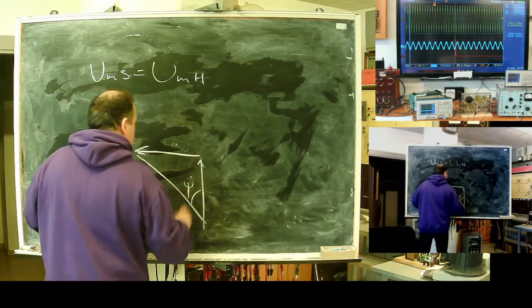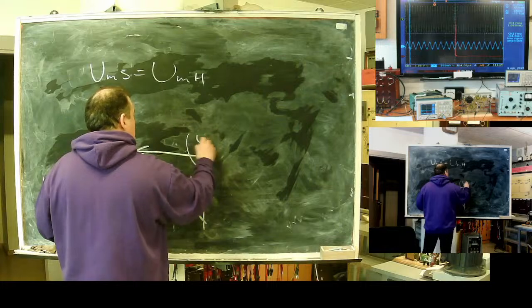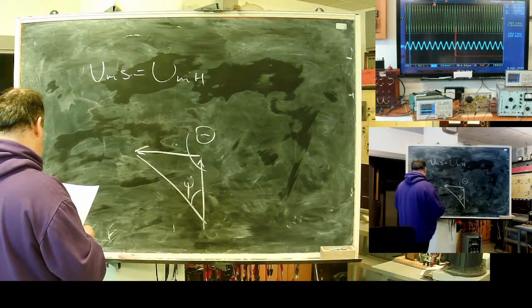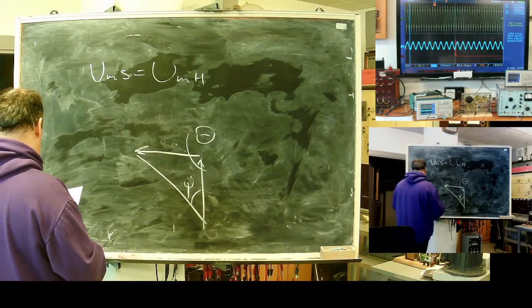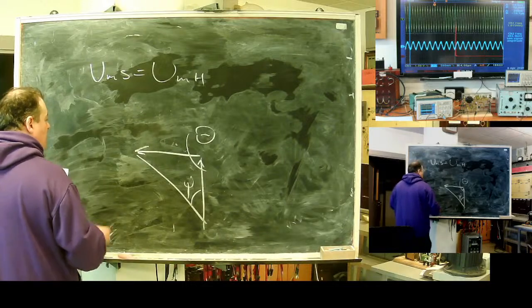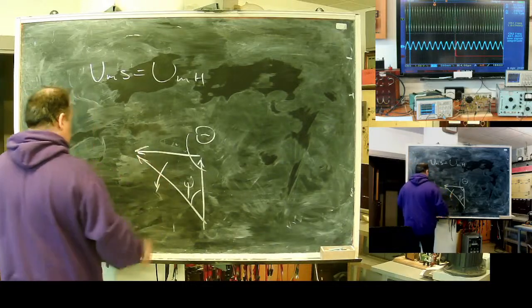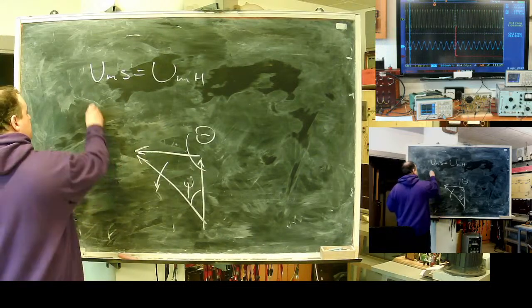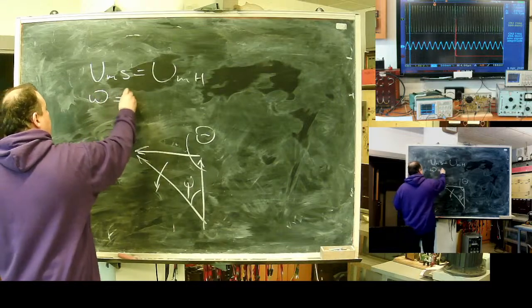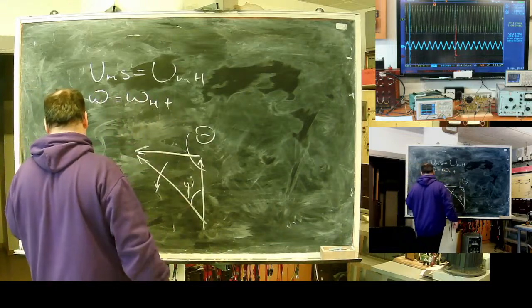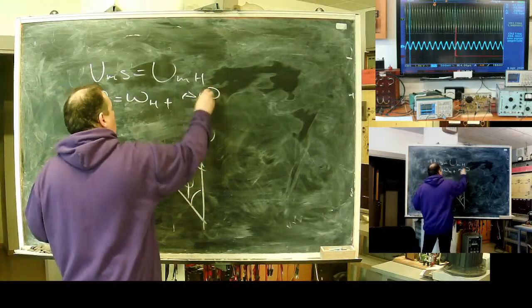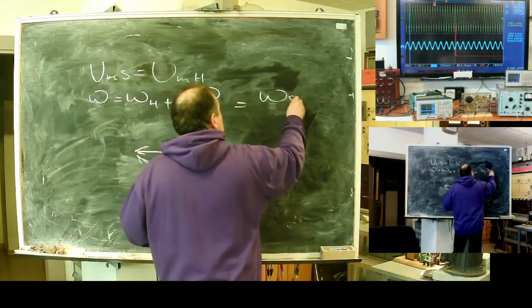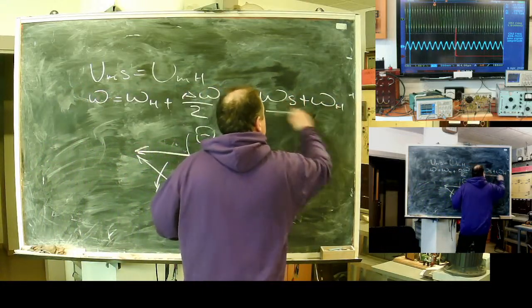Here is our Xi, here is our theta. Here, the resulting rotation frequency of this vector is very simple. This omega will be omega heterodyne plus delta omega by half, meaning omega signal plus omega heterodyne by half.